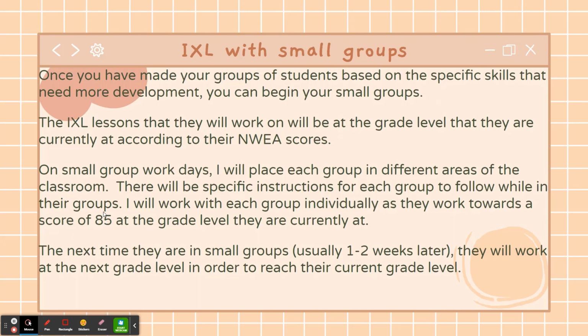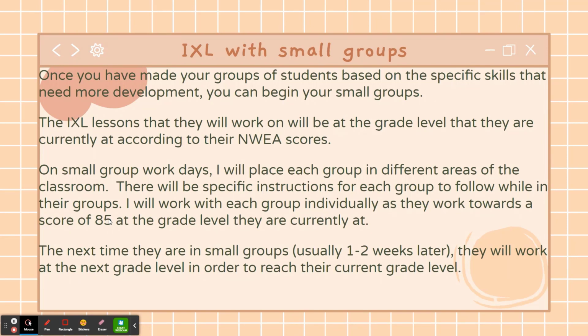So we will do that for 1 to 2 days, never back to back, because I don't want to bore them. So what I would do is a small group work day on a Tuesday, and then I would do a whole class instruction on Wednesday, and then Thursday they would finish up their small group work where they would have to reach the score of 85 by the end of the class period.